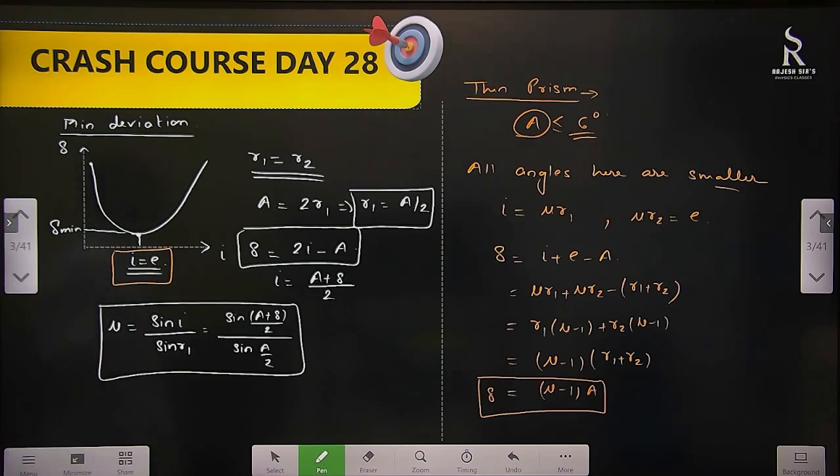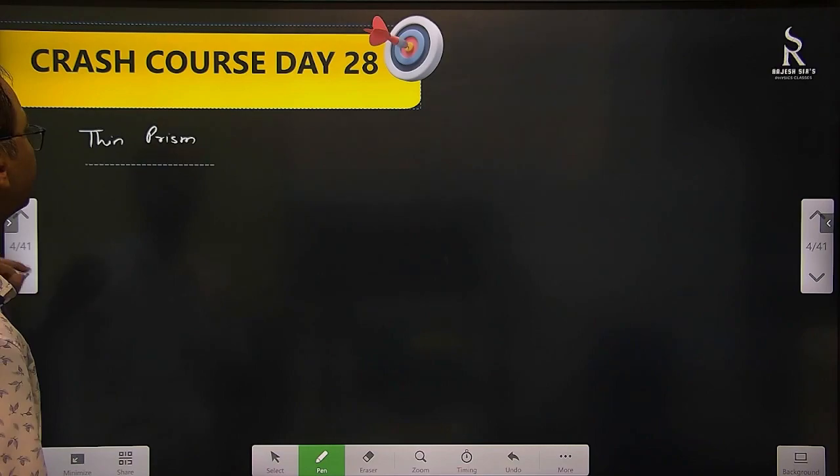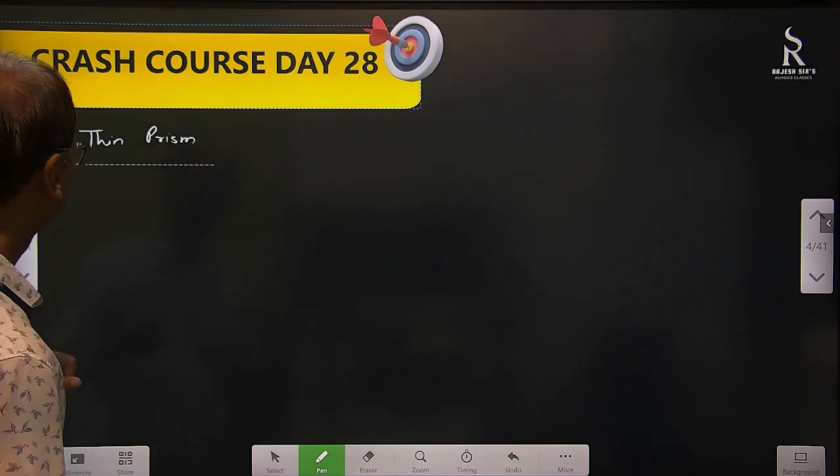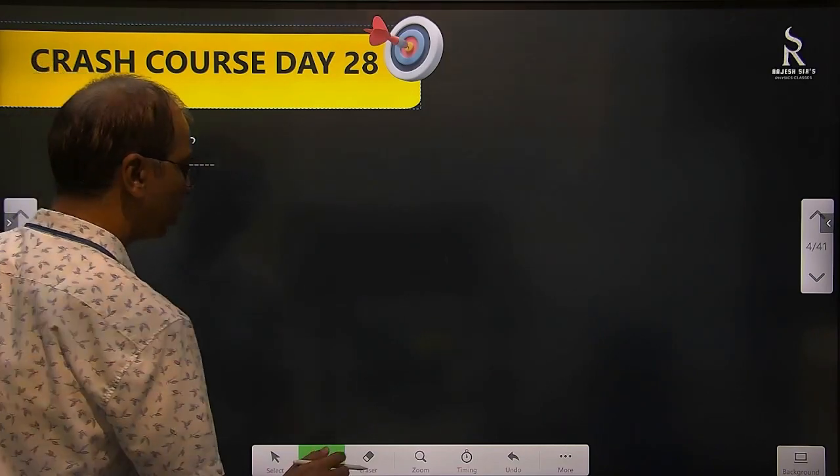So these are the two cases in prism we have and we should remember. Thin prism I have written over here, but we have done it already.